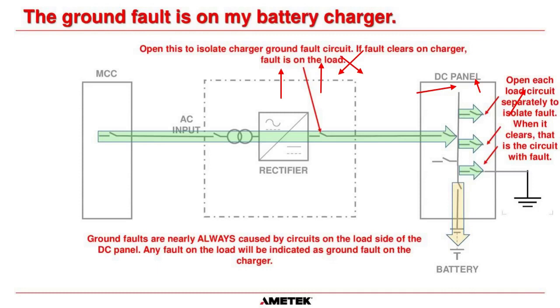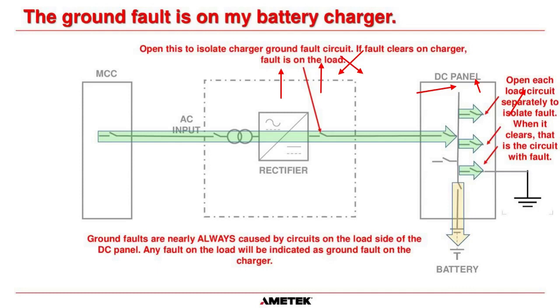Or if you have the ability to power down the load circuits, you can open each load circuit individually, and when the ground fault on the battery goes away, you know that circuit is what is causing the ground fault.